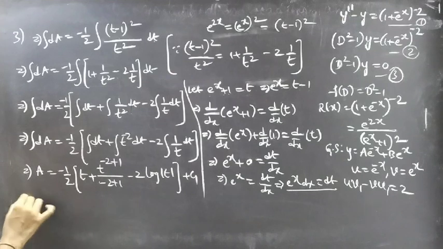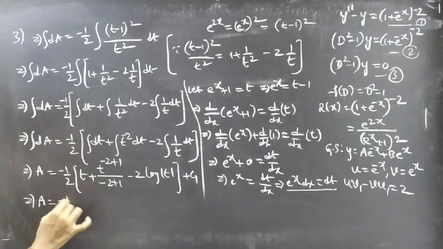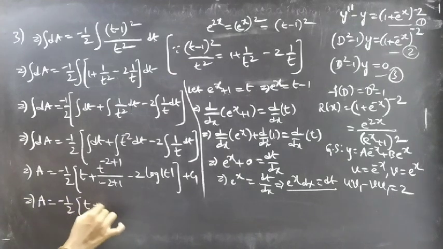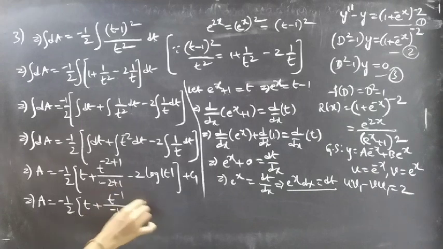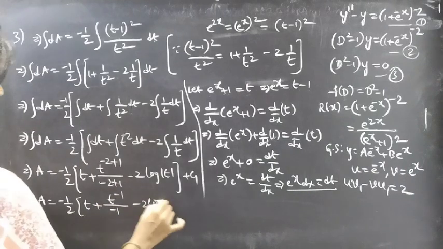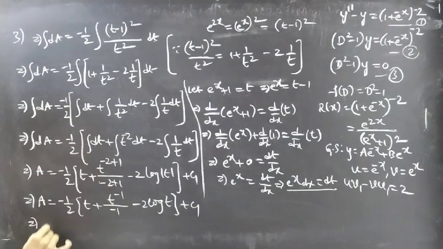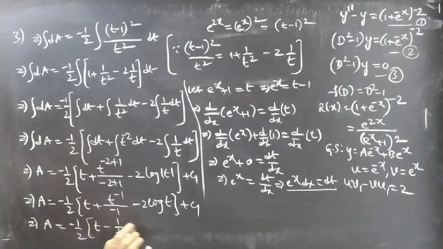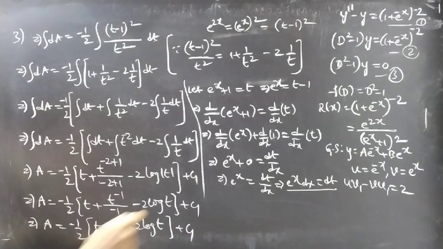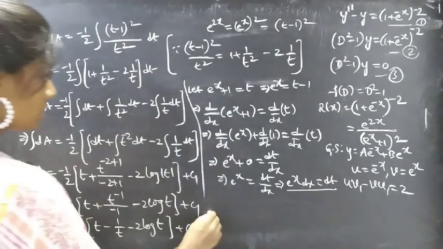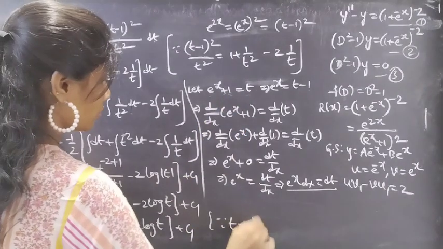Okay, or we can write it as A equal to minus 1 by 2 of t plus t power minus 1 by minus 1, minus 2 log t, plus c1, or A equal to minus 1 by 2 of t minus 1 by t minus 2 log t plus c1, right? Now we can replace t with e power x plus 1, since t equals e power x plus 1.